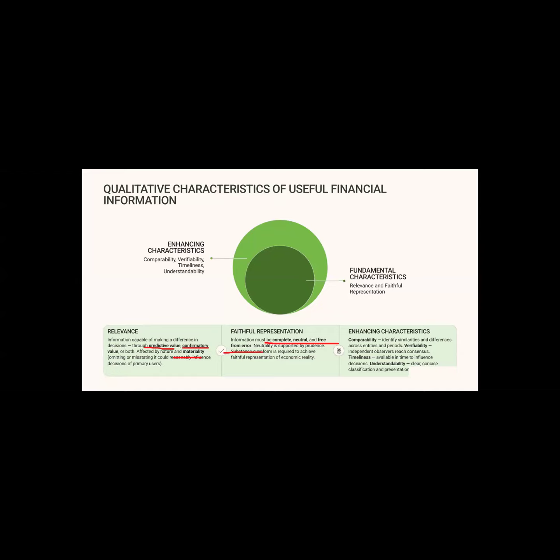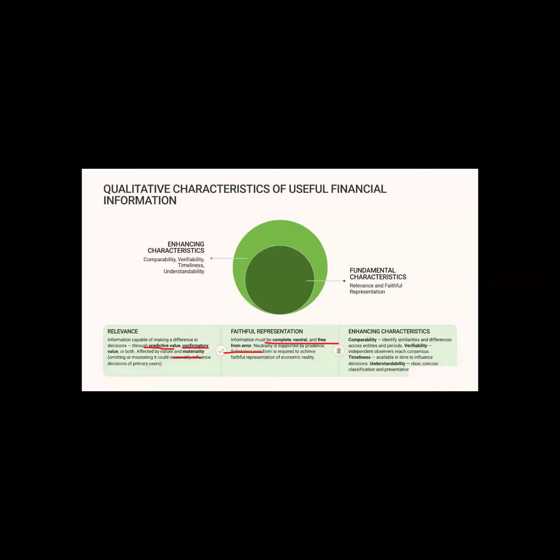The information should be fully complete. If it is not complete, we can't say that is faithful representation. At the same time, it should be neutral. That means there should be no biases. If you are intentionally reducing your expenses, intentionally showing an increment in the profit, that is not true information, right?